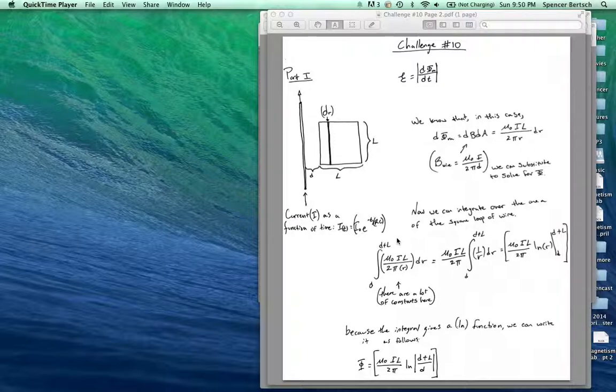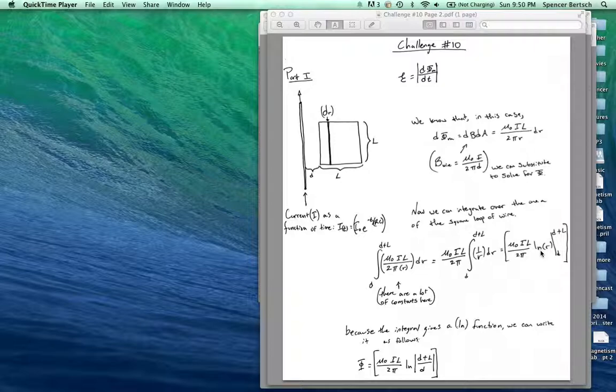Because we're only integrating with respect to r, most of these things are constants. Mu naught over 2 pi is a constant, and I and L can be treated as constants. So you can pull mu naught, I, and L over 2 pi out of the integral, and you just get 1 over r, which integrates to natural log r.